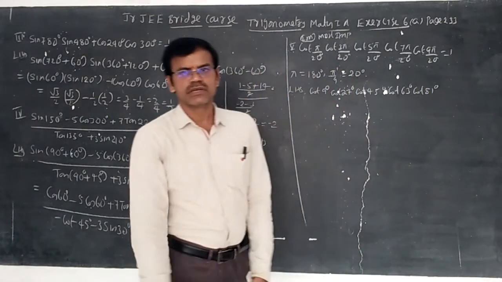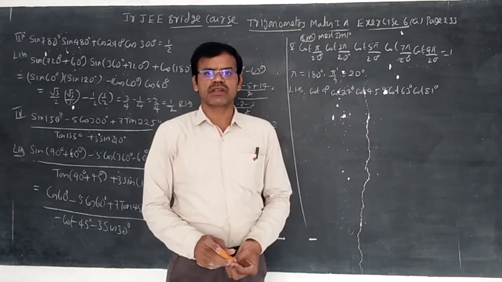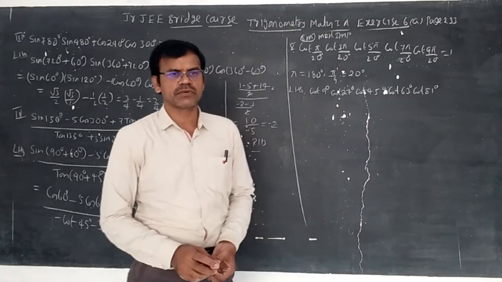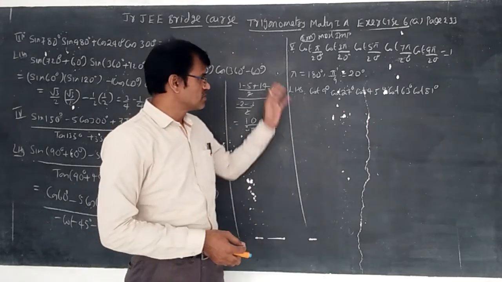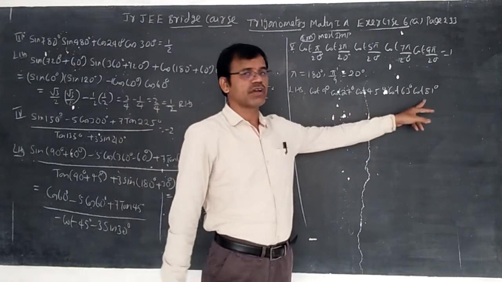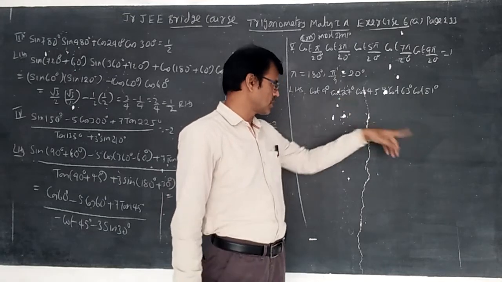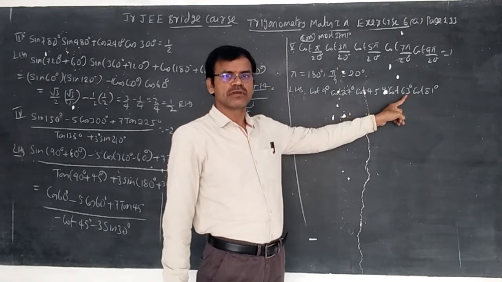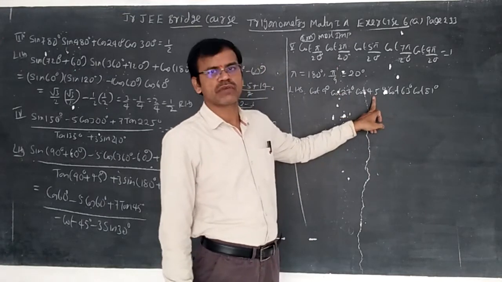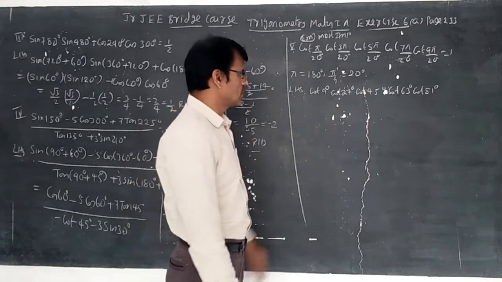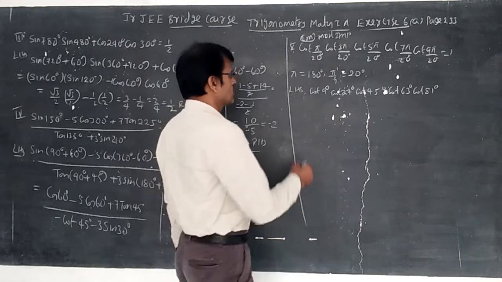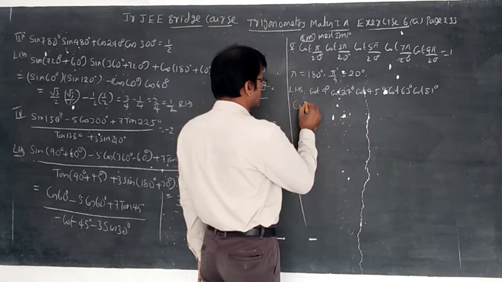This is LHS. I said the formula in the previous class, it is a shortcut for objective. If a plus b is equal to 90, then cot a into cot b equals 1. Directly you can write 9 and 81 make 90, so the product is 1; 27 and 63 make 90, the product is 1. Of course, cot 45 value is 1, so 1 into 1 into 1 is equal to 1. It is a shortcut, directly you can say it in objective. But in IPE, we should write like this.